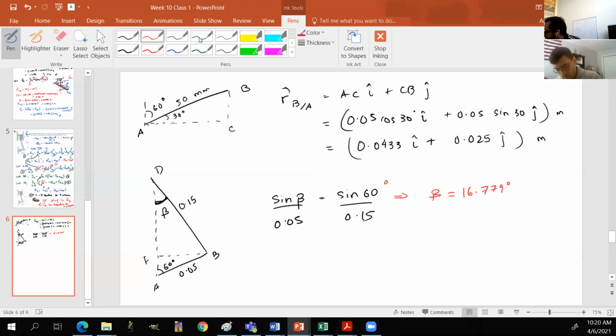All right, so R of D relative to B is just equal to, I'm going to go BF in the negative I hat direction. So BF minus I hat, right? Because I'm going like that. And then I'm going to go DF in the positive J hat direction.